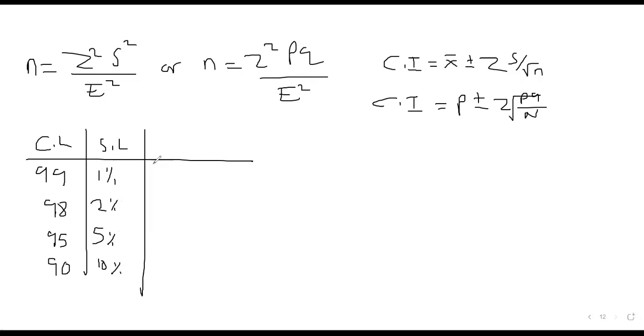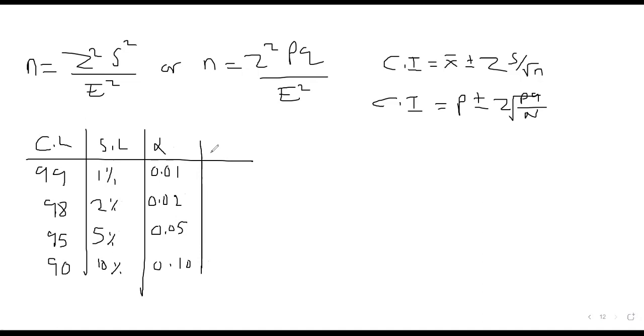Then when you divide these by 100, we call it an alpha level. So 0.01, when you divide the 1% by 100. 0.02, when you divide the 2% by 100. 0.05, when you divide the 5% by 100. And 0.10 when you divide the 10% by 100.